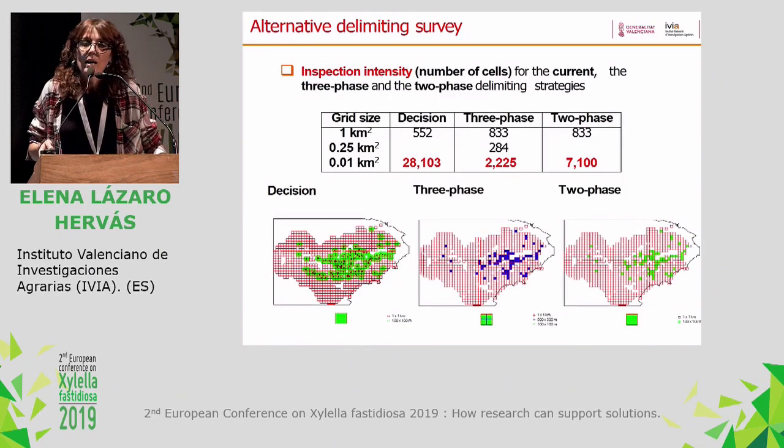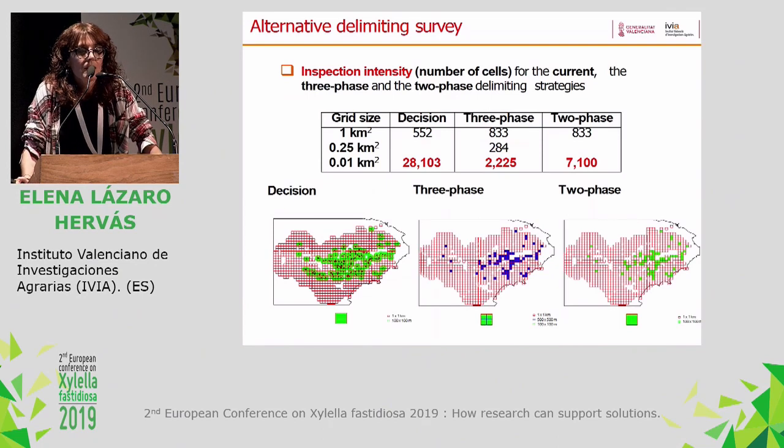Here are some results in relation to inspection intensity, that is to say the number of cells to be inspected, estimated for our 3-phase and 2-phase designs in comparison with the inspection intensity under the current legislation.